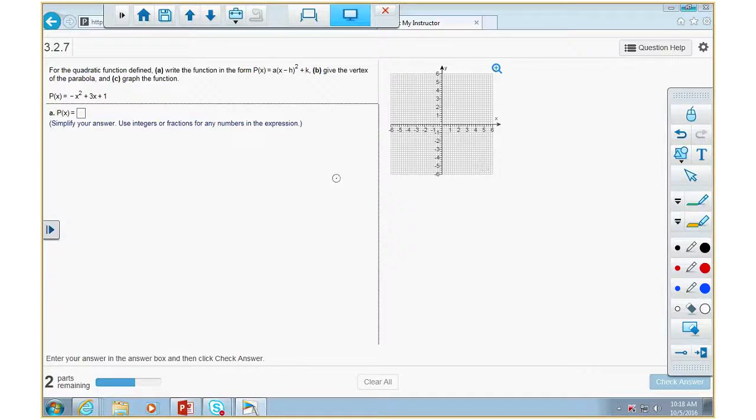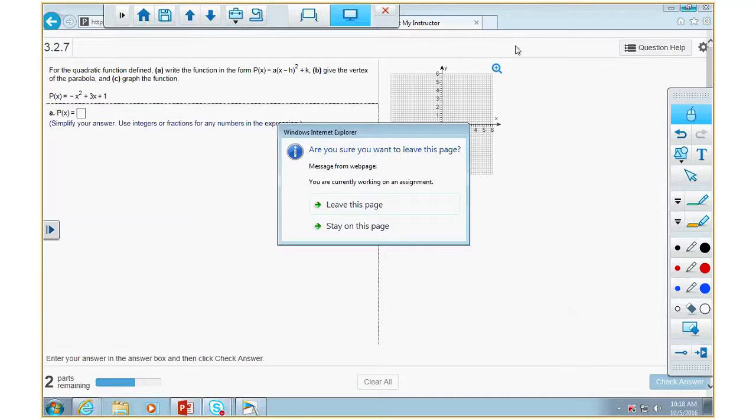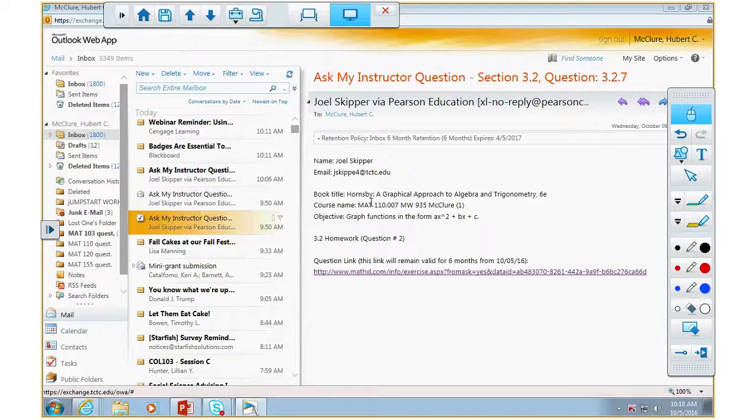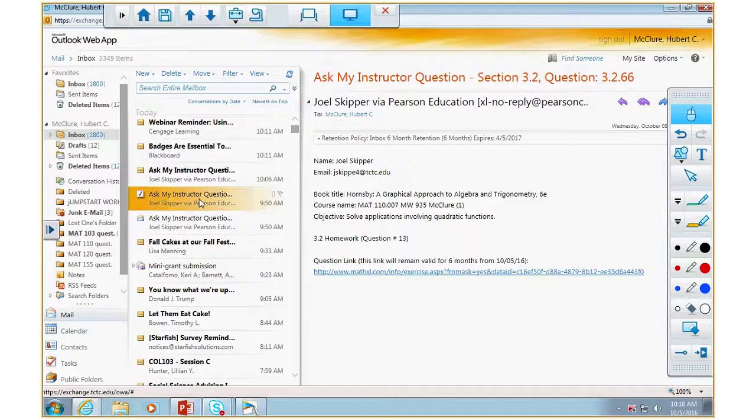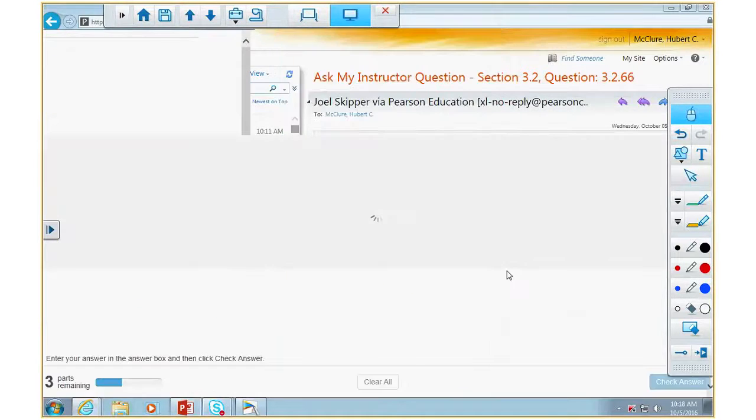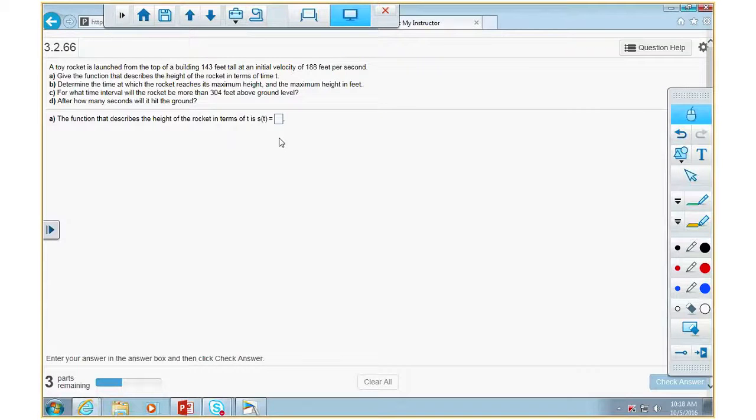All right, so let's go to the next question that's been sent to us. 3.2, 66, 13. A toy rocket is launched from the top of a building, 143 foot tall, at an initial velocity of 183 feet per second.